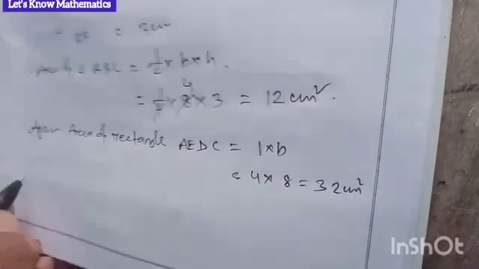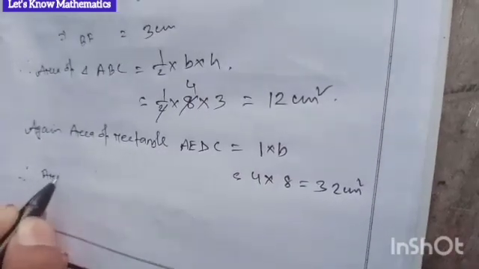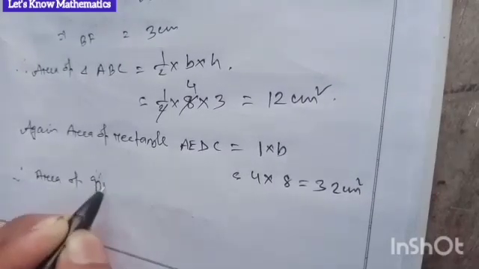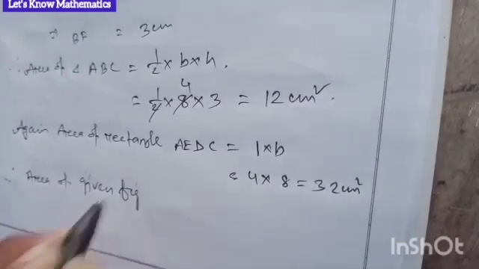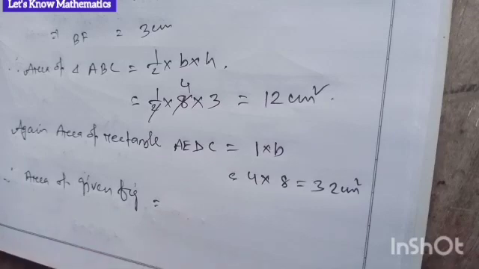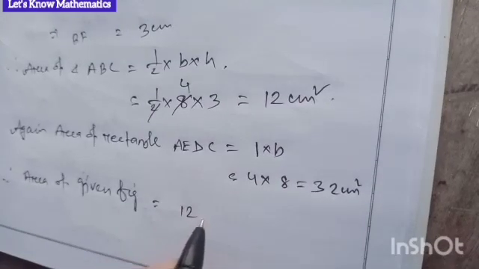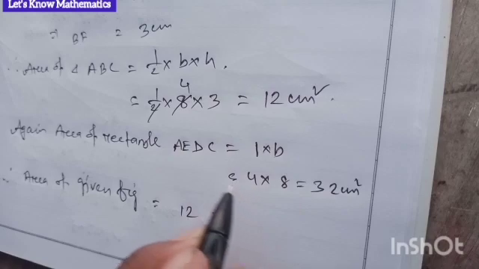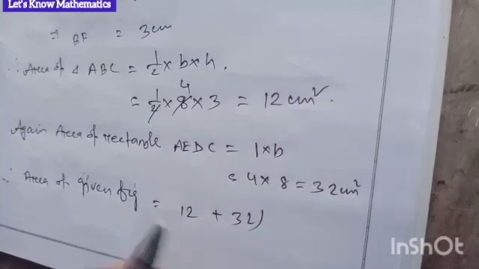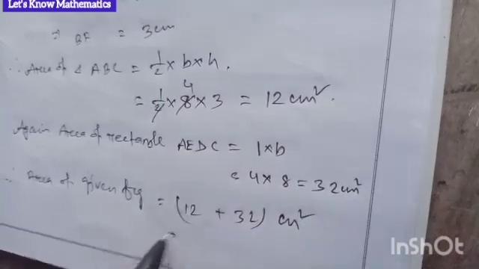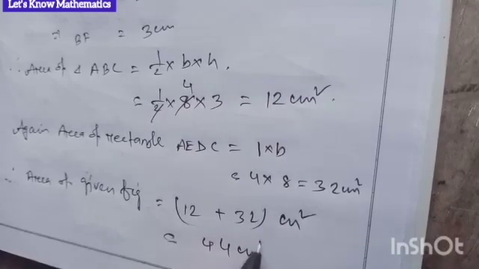Therefore area of the given figure is equal to area of triangle, 12 cm square, plus area of rectangle, 32 cm square. So 44 centimeter square.